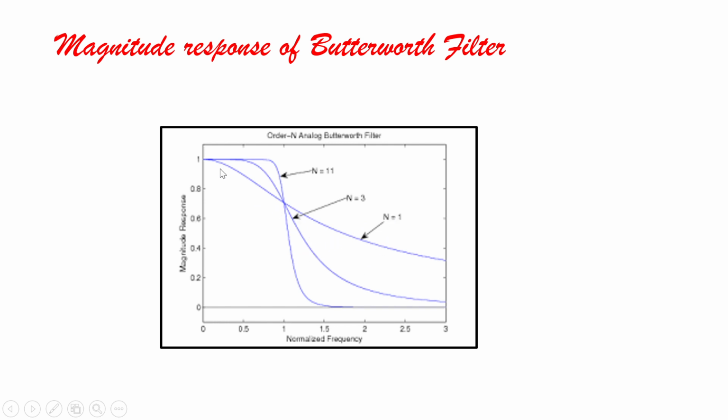If I take the ideal characteristics, all the points start from this one, and when n increases, the response comes closer to the ideal characteristic at the cutoff frequency. So this is the magnitude response of the Butterworth filter.